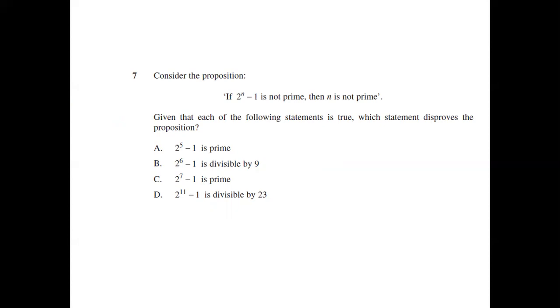That's the statement, so that's a proposition. And then it asks which statement disproves the proposition. The most common response is D, then B, then C, then the least one is A, and the correct answer is D. That's because 2 to the power of 11 minus 1 is not prime, and 11 is a prime number.